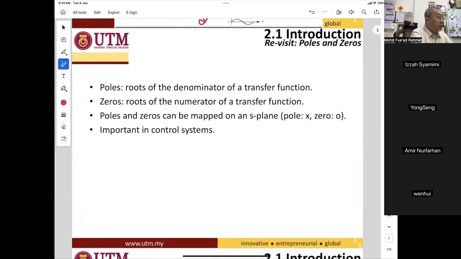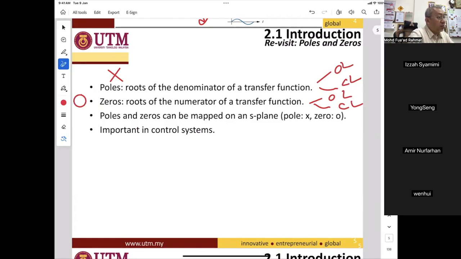So you know already that when I talk about poles, they can be open loop or closed loop, which is the denominator of the transfer function, either open loop or closed loop. And the symbol is cross. Zeros are the roots of the numerator of a transfer function, either open loop or closed loop. And the symbol is 0.